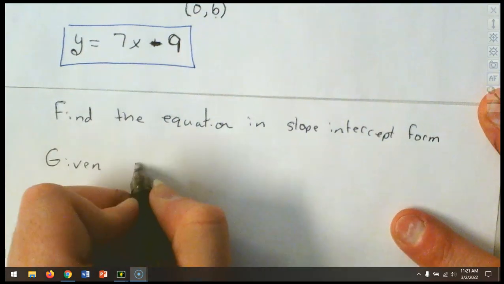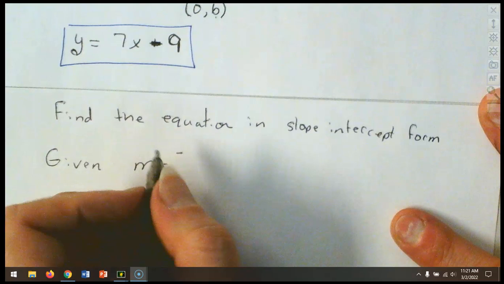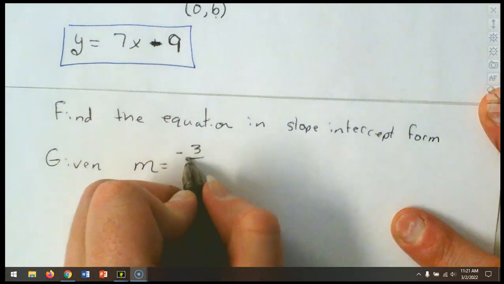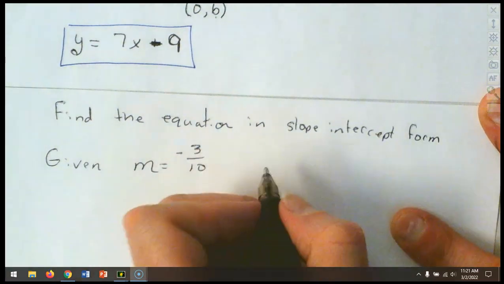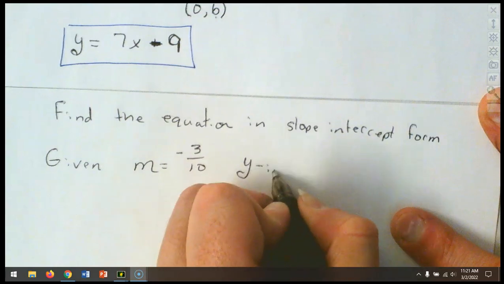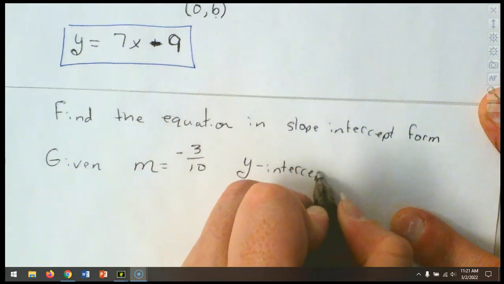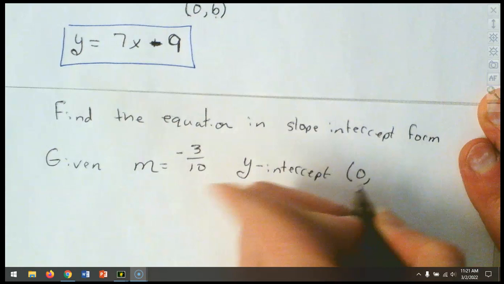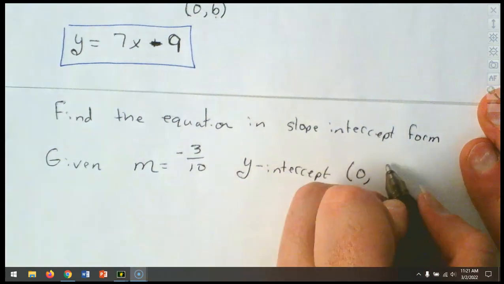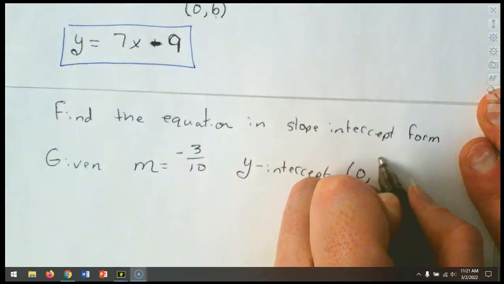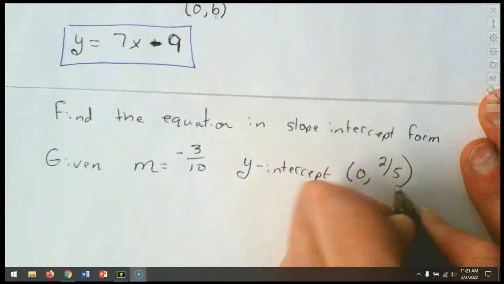And let's say you're given a slope of -3/10, and you got a y-intercept of 0, comma, 2/5.